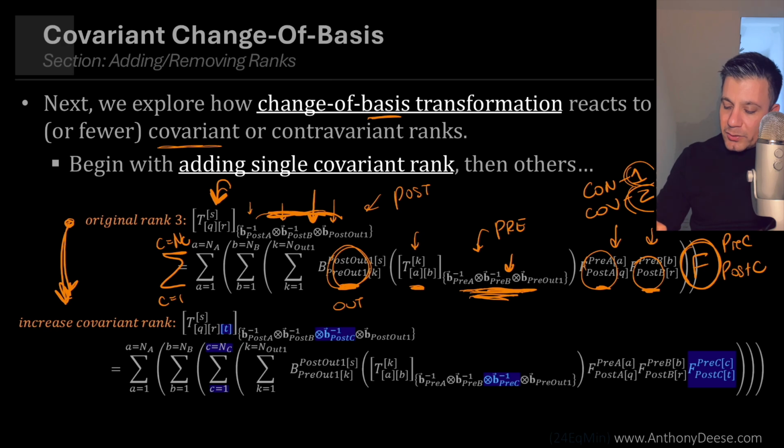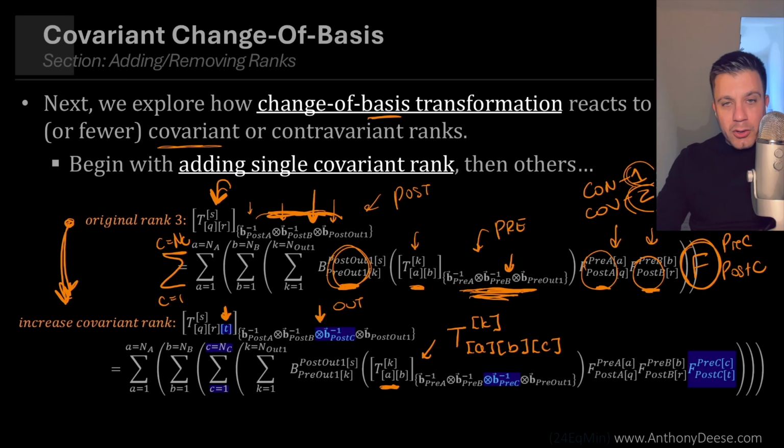Actually, I forgot to add an additional index. And you can see here, there's a mistake. This should be T, A, B, C. Right? I forgot to put the C in there. And then K. So in order to increase the covariant rank, what do we do? We add our new covariant index.